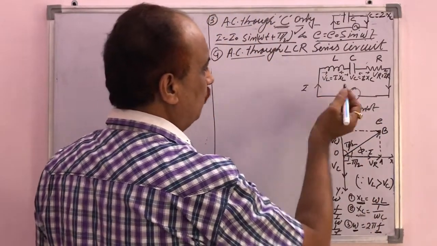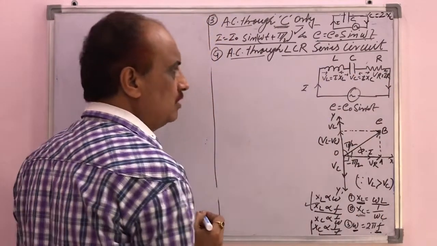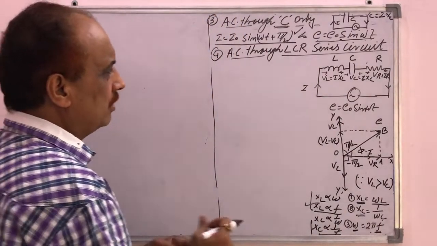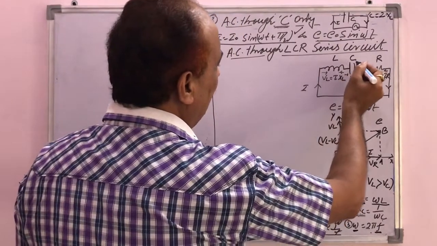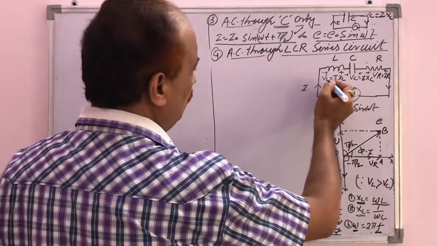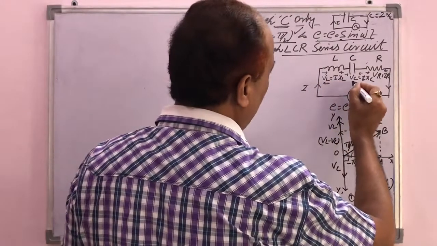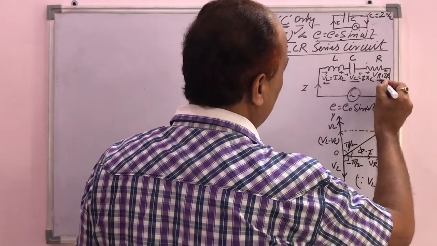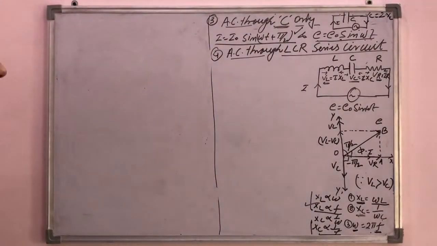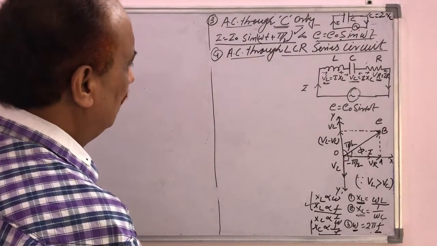When current I is flowing, the current will be the same in case of series combination, but the voltage will be different, and that will be produced across the ends of L as well as C and R respectively. Suppose the potential produced across L is VL, across C is VC, and across R is VR. So we can write the relations in terms of the current and the resistance of the devices.